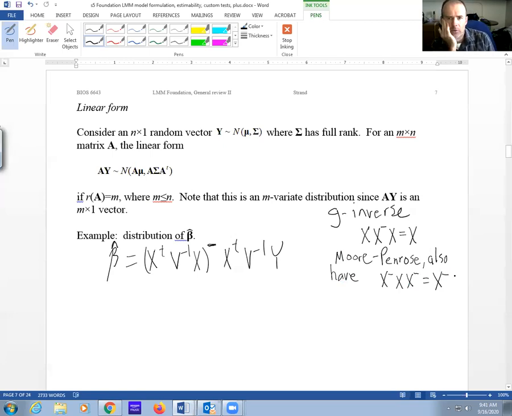That's really important. If we take a regular inverse of X and multiply it by X, what do we get?